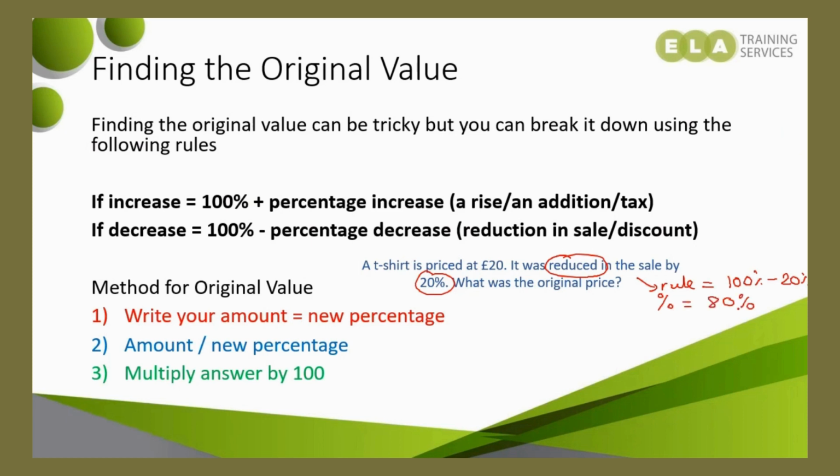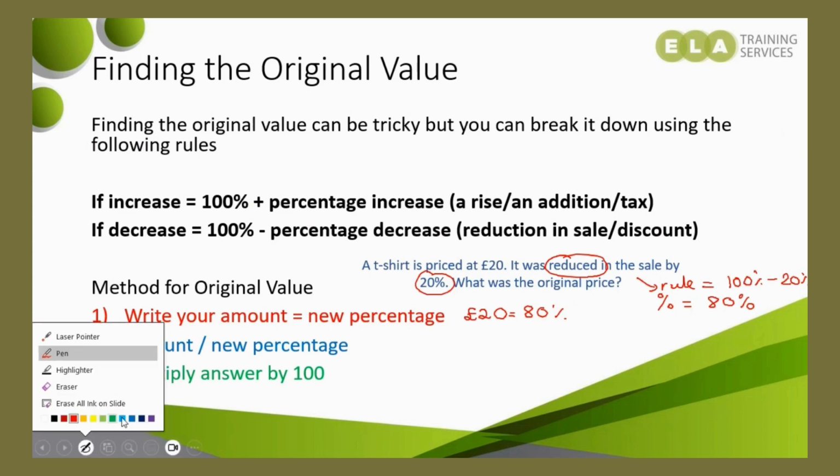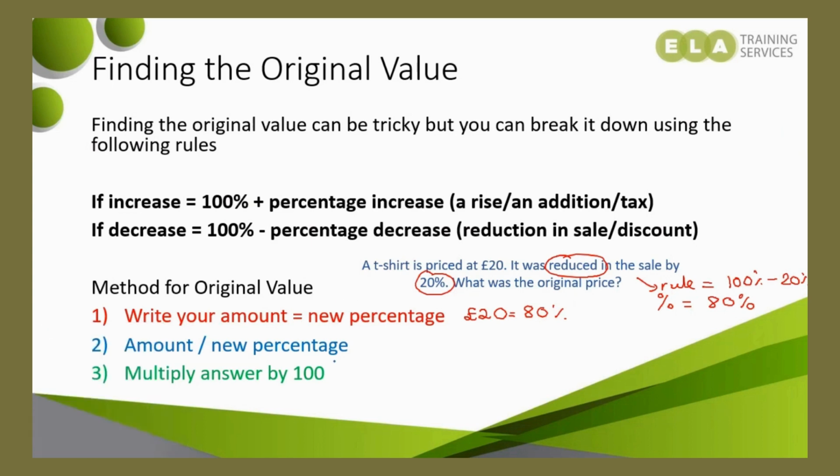And then you follow the below methods, which I would like you to keep in this order to help you organise this question. So you firstly write your amount in your question, which is £20, and the percentage you've just worked out, which is 80. So now £20 is equal to 80%. And then you next do your amount divided by the new percentage amount.